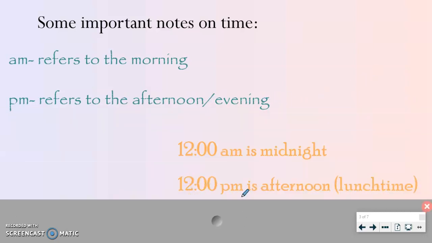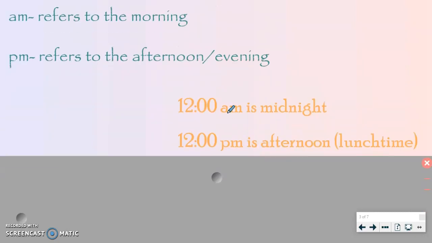And so because of this, we have the time of 12 a.m., and that is actually midnight. If you've ever stayed up for New Year's, everyone cheers at midnight. And that's technically the beginning of the next day. So 12 a.m. is midnight, and then 12 p.m., that's the afternoon. That's the time when we're normally awake.